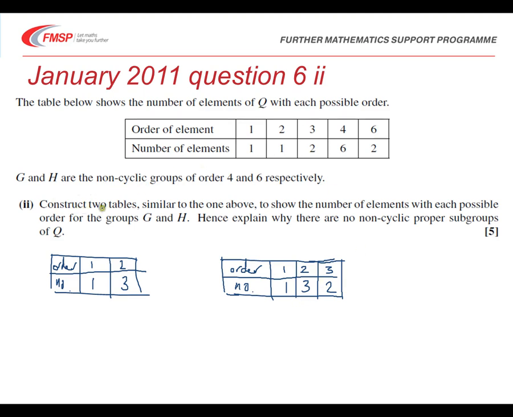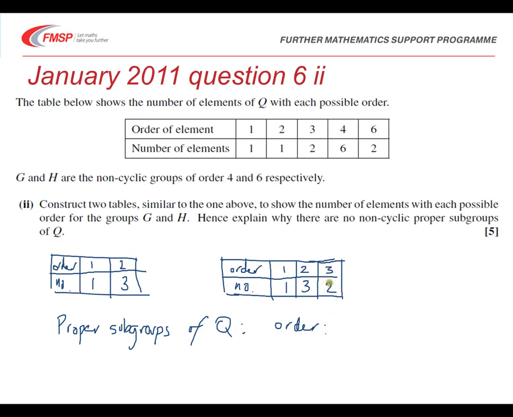So we're then asked to construct 2 tables similar to the one above to show the number of elements, possible groups, and order for the groups G and H, which are here, and from these explain why there are no cyclic proper subgroups of Q. So the first thing to say is, if there were proper subgroups of Q, the possible orders are, well, this is Lagrange's theorem.